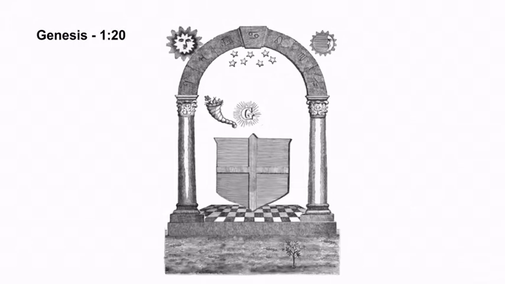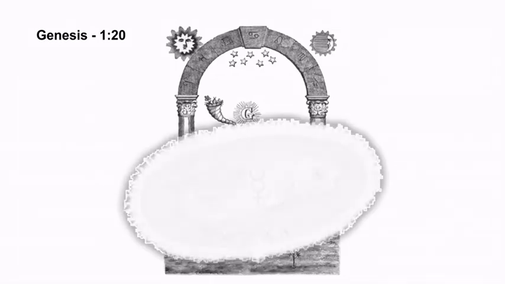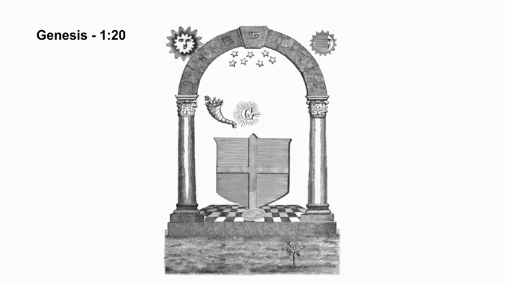And God said, "Let the waters bring forth abundantly the moving creature that hath life, and fowl that may fly above the earth in the open firmament of heaven."